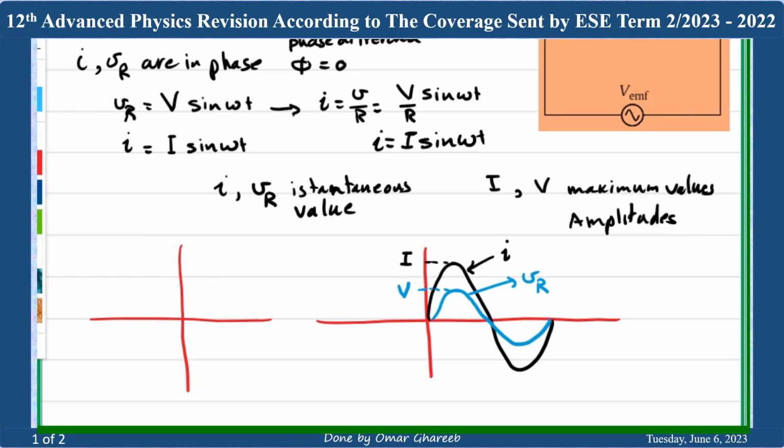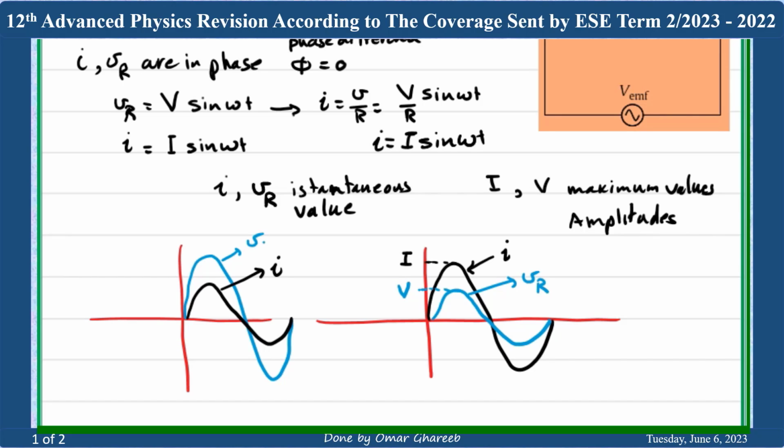This is the voltage, and this is the current. So this is the instantaneous current, and that one the instantaneous voltage, and these are the maximum values, V and I.